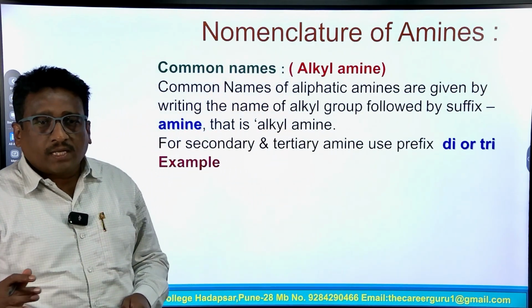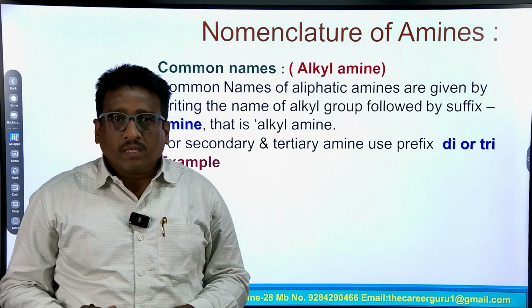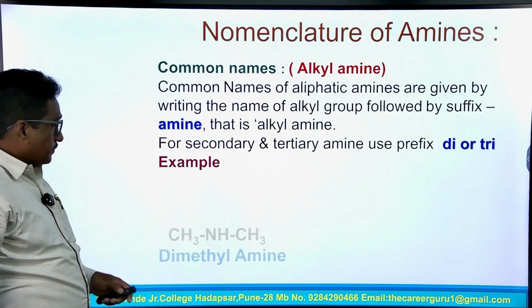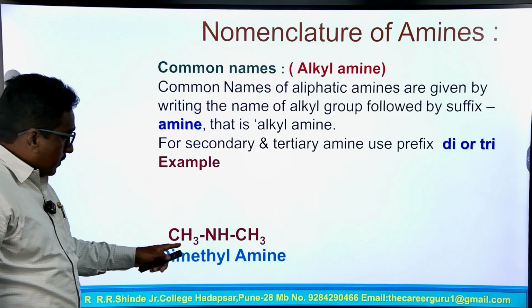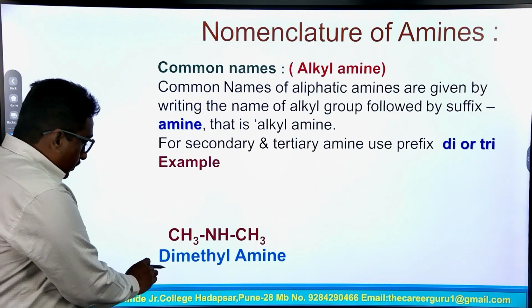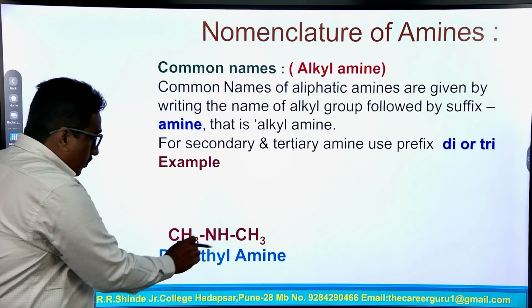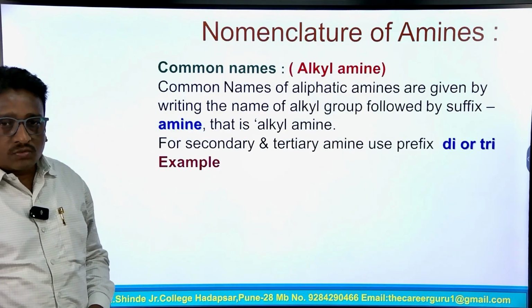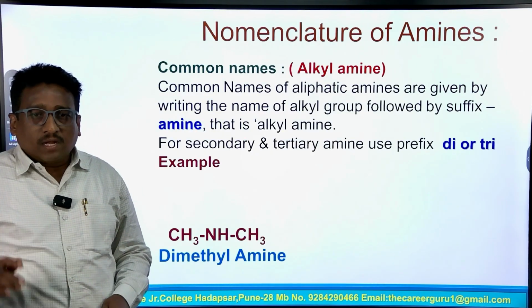But if different alkyl groups are attached to nitrogen atom, then arrange them in alphabetical order. For example, in this example, same alkyl groups are attached to nitrogen atom, so use the prefix di, then write the name of alkyl group methyl and then write the suffix amine. So it is called dimethyl amine.